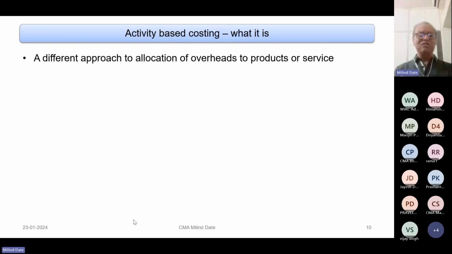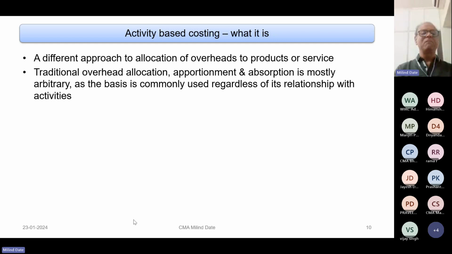But in today's dynamic world, it is really impossible for you to use these arbitrary methods of allocation and apportionment. So, therefore, as I said, the approach of emerging techniques is a focus rather on what drives your costs.